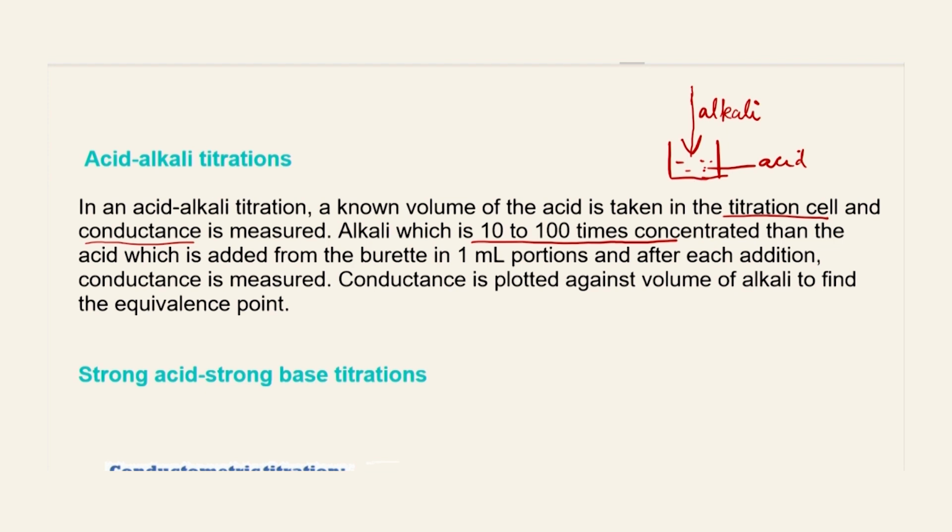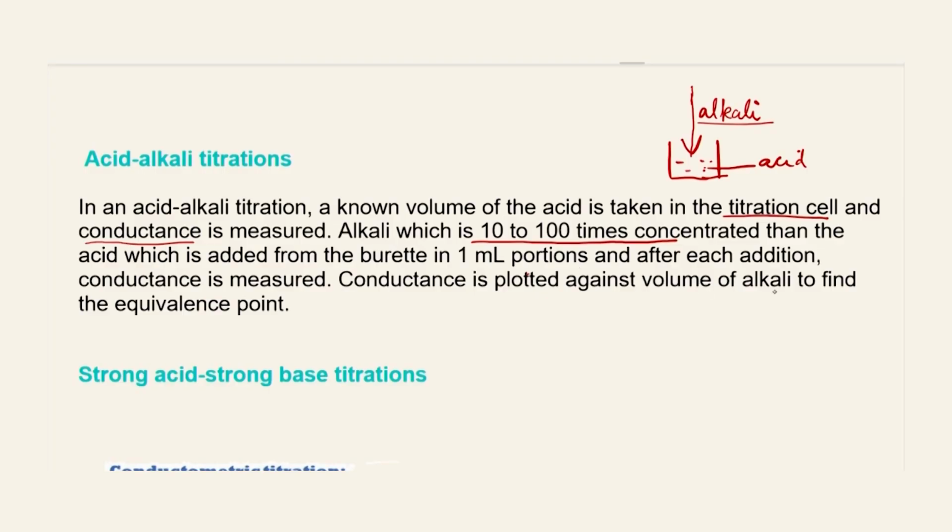The interionic attraction decreases and thereby the conductance increases. So, the conductance change does not depend totally on the titration, but also on dilution. To prevent that, we take the alkali or any other electrolyte in the burette 10 to 100 times concentrated, and therefore we require only a very small volume of the titrant so that the equivalence point is reached.